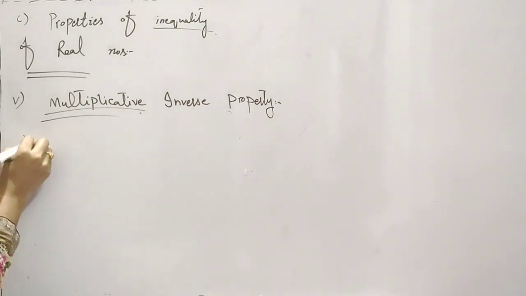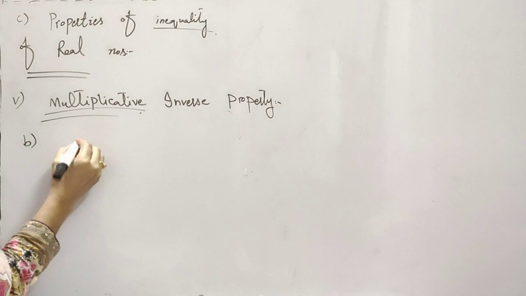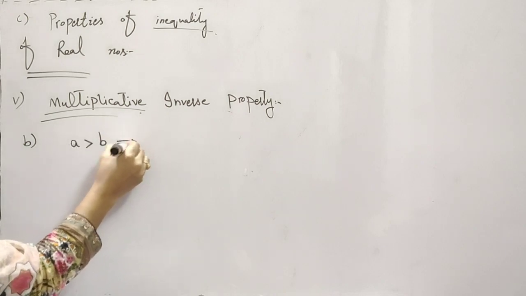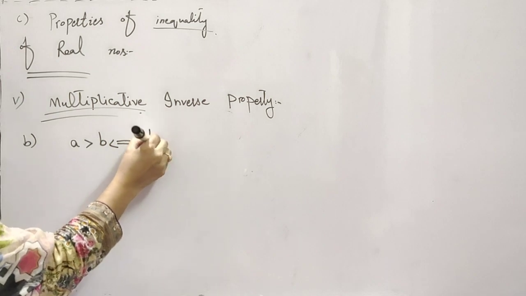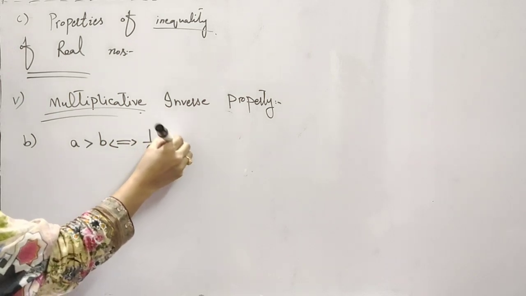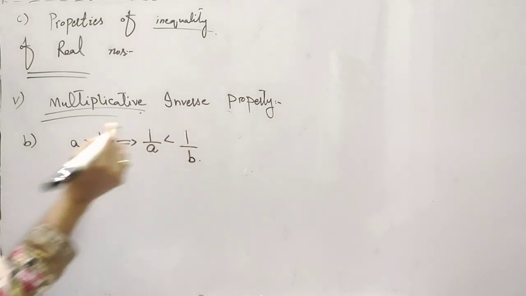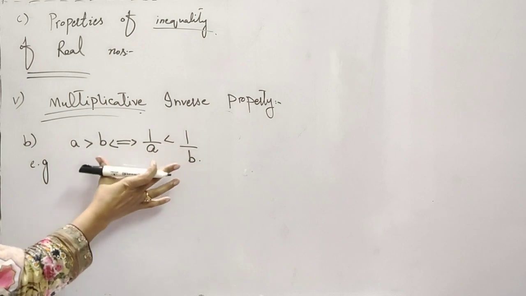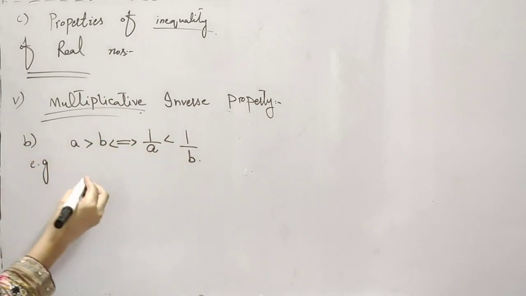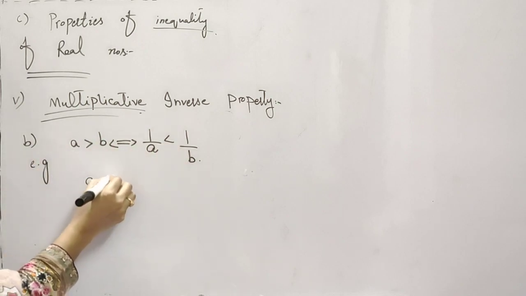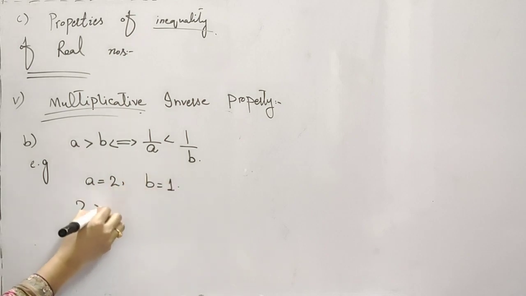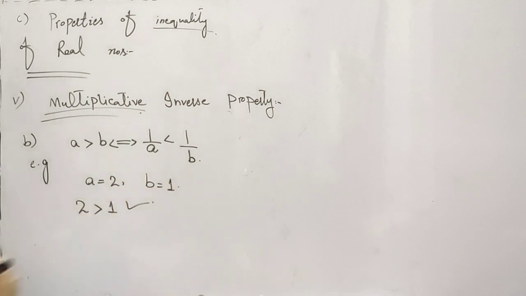Now the second part is if a is greater than b, then it implies that 1 by a is less than 1 by b. For example, understand this inequality with an example. a equals 2 and b equals 1. 2 is greater than 1, true.